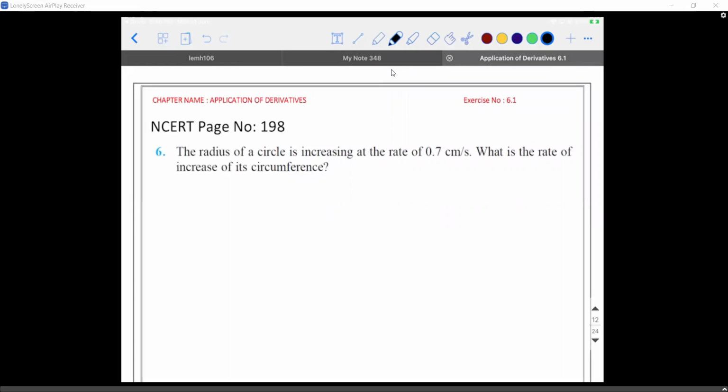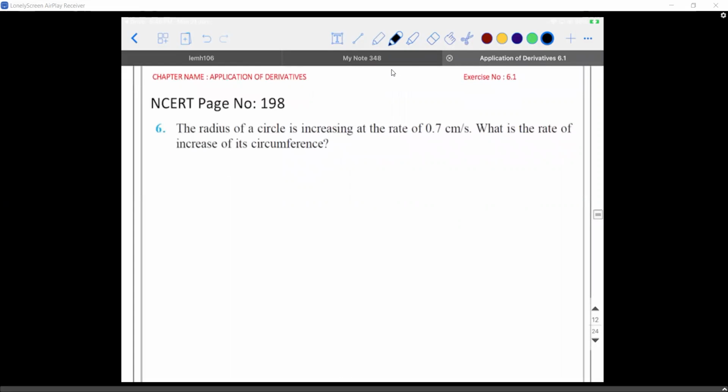Okay, try the next one. This also you guys do it. The radius of a circle is increasing at a rate of 0.7 cm per second. So dr/dt is 0.7 cm per second. What is the rate of increase of its circumference? So circumference, let me call it c, is 2 pi r.